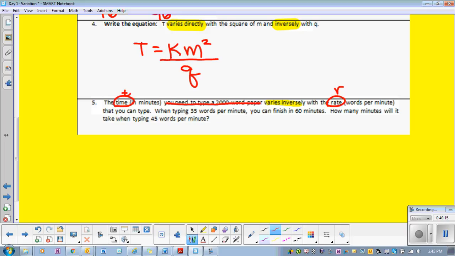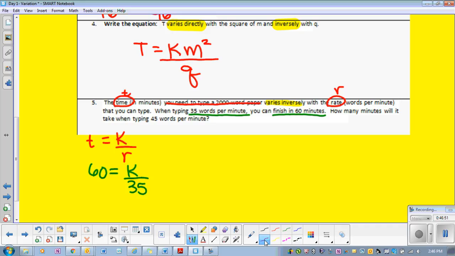The faster that you type, the shorter amount of time it's going to take you to type it, right? So T equals K over R. When you're typing 35 words per minute, you can finish in 60 minutes. That's what you need to know to find your K. Which one is T? 35 words per minute or 60 minutes? 60 minutes equals K over 35.